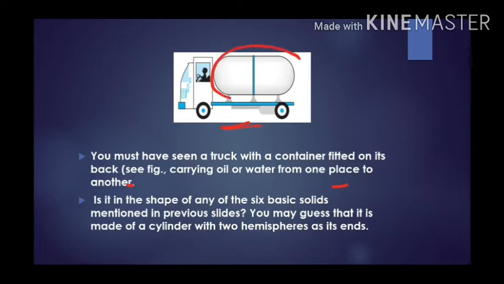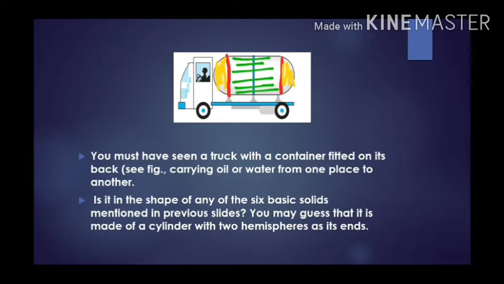If you look at this portion, this is not exactly the same as the solid figures mentioned in the previous slide, but if you part it in this way, from here to here, you can say that these two portions are in the shape of hemisphere, and this portion is in the shape of a cylinder.